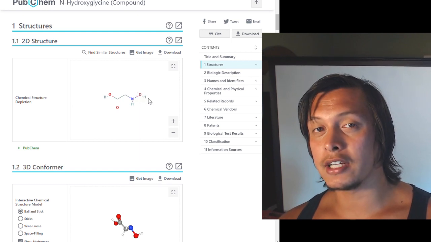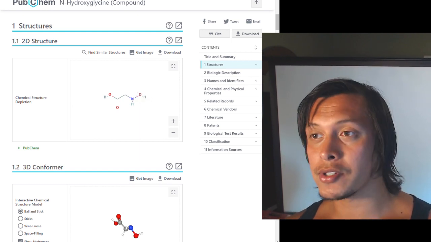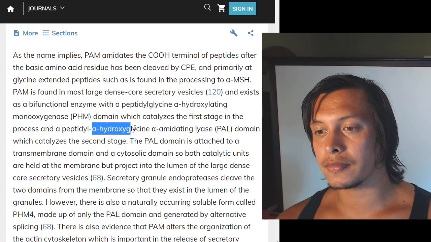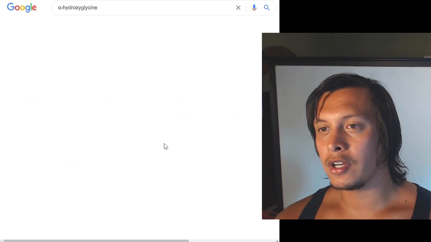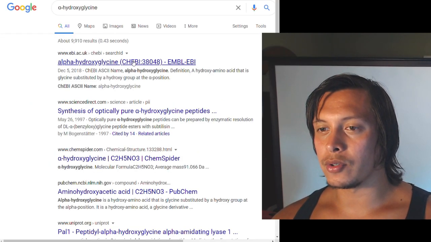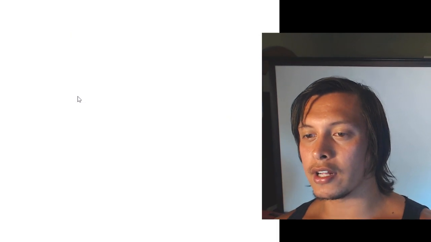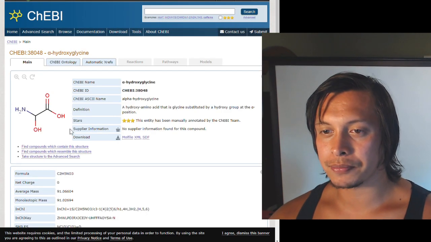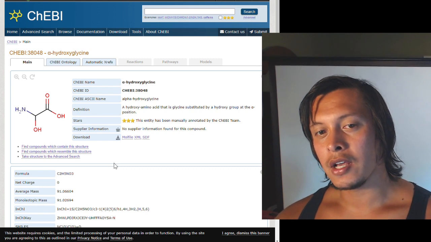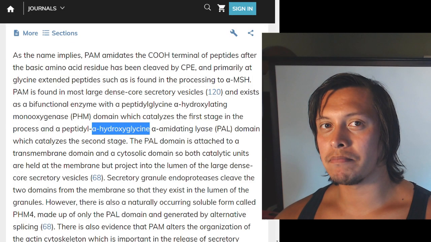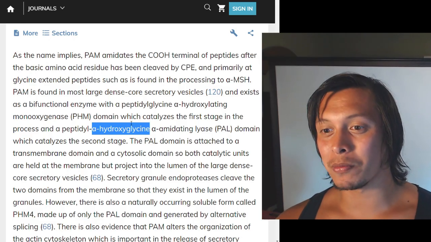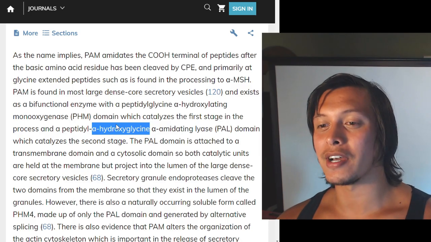Okay, and this can be done by certain enzymes. Oh, my bad. That's N-hydroxyglycine, but that's not normally done by these enzymes.